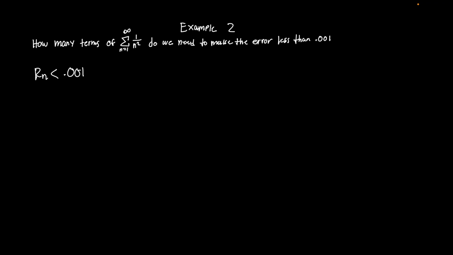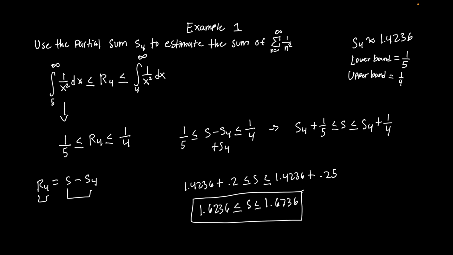Therefore, by the theorem, we know that r sub n is less than or equal to the integral from n to infinity of 1 over x squared dx. Now, if you don't remember what the upper bound one is, this was the lower bound, and this was the upper bound.